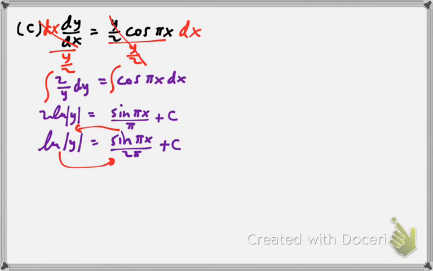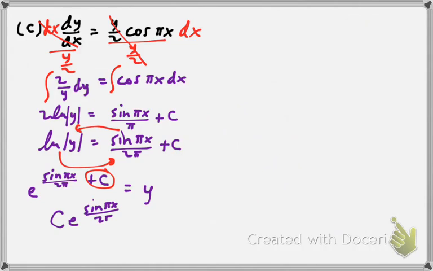We can raise e to this side, sine of pi x over 2 pi. Now I could do this plus c out here, or I could remember how we do that: that plus c out here becomes just c, equals c times e to the sine of pi x over 2 pi, and that's equal to y.